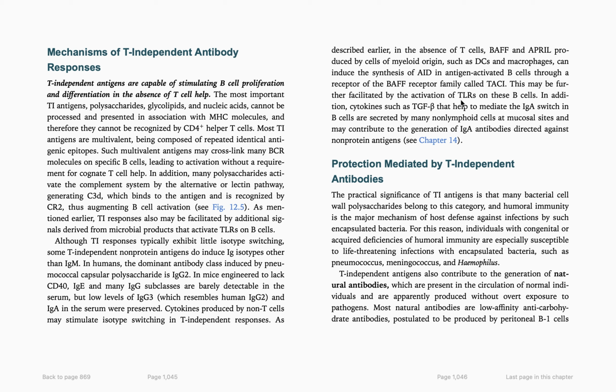Such a multivalent antigen may cross-link many B cell receptor molecules on a specific B cell, leading to activation without requirement of cognate T cell help.